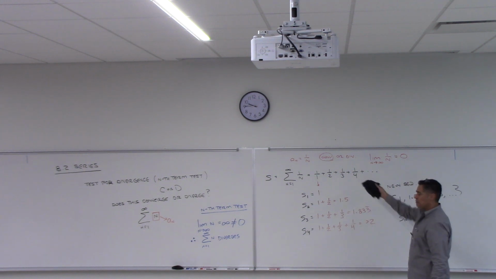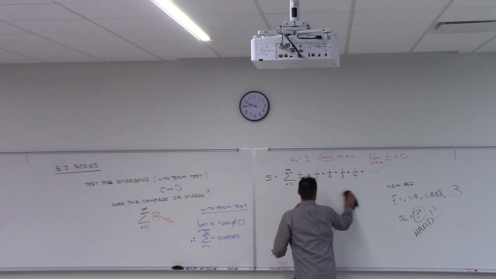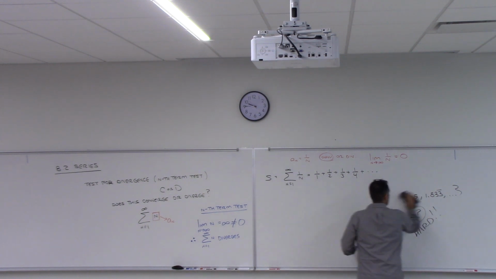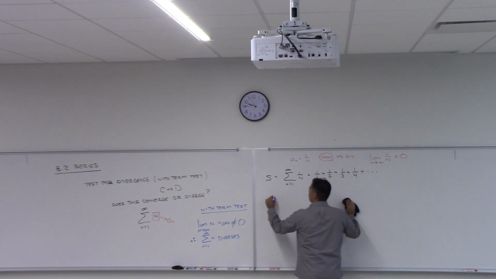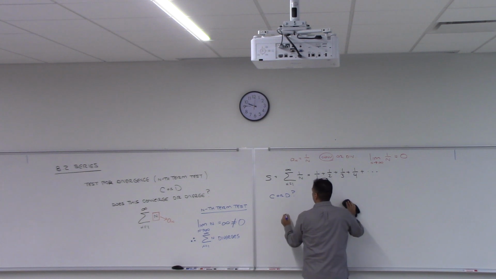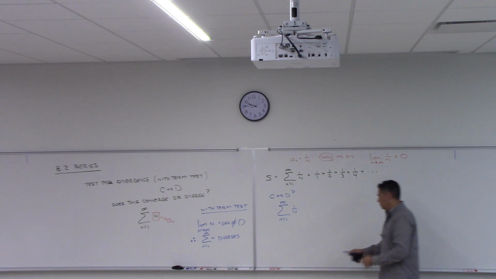Let's do this one. All right, so for this one, my question is, does this converge or diverge? All right, so I'll rewrite it. So let's try the nth term test, right? That's all we've got right now.